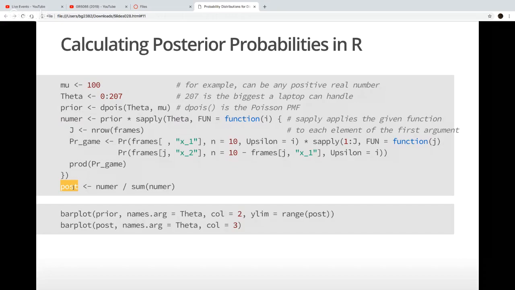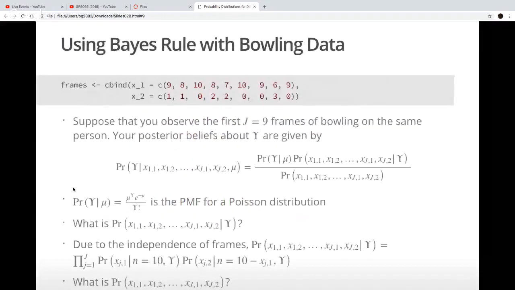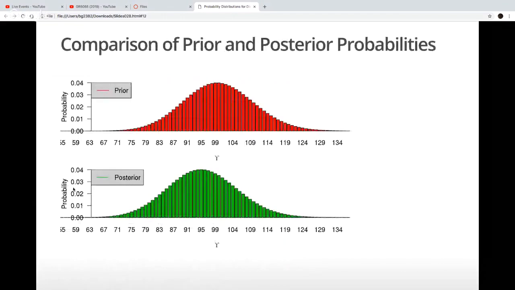And then we can look at the plots of those two things, or we could summarize them numerically. And in this case, with these 9 frames of bowling that I had here, it comes out like this. So we have on the top here a bar plot of prior probabilities for what upsilon could be, given that our expectation going into it before we saw the data was mu equals 100. And the Poisson distribution with large mu is a very symmetric looking thing, and it looks like this thing in red here.